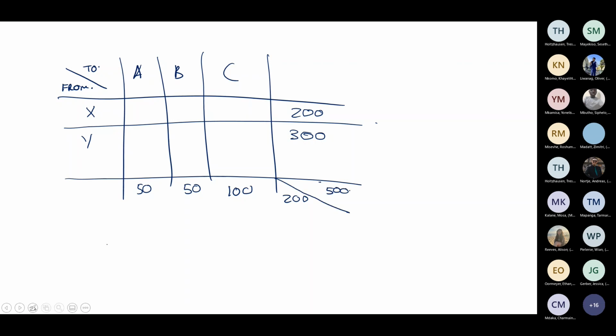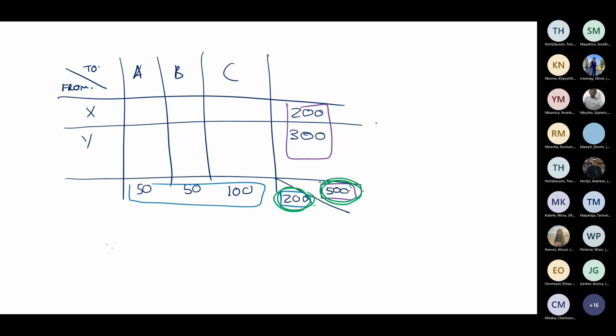Remember, when you're working out your supply and your demand, this adds up to this piece here, and this adds up to this piece here. The only time you can use Modi's method and northwest corner method is when this one is equal to this one. So how do we fix that?